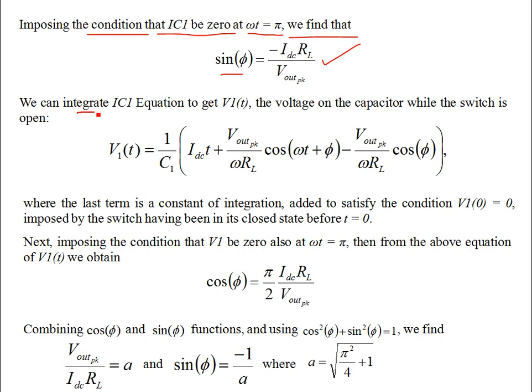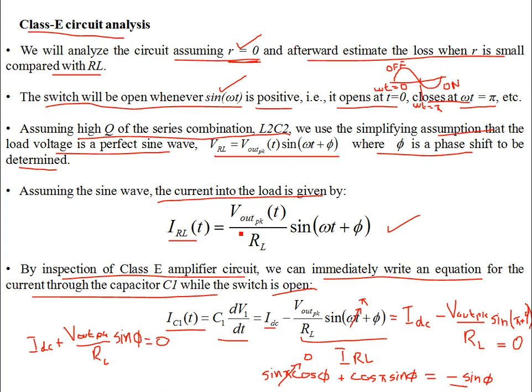So if you integrate the equation of IC1, which we have seen before, if you integrate this differential, and then continue this integration on the right hand side as well, you take this 1 over C1, so you divide by 1 over C1.